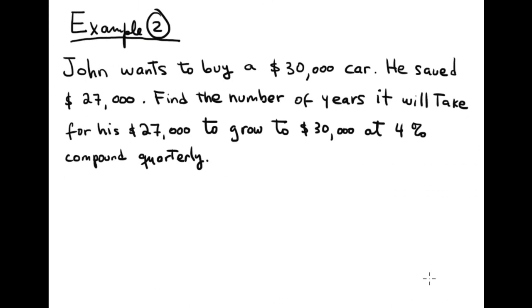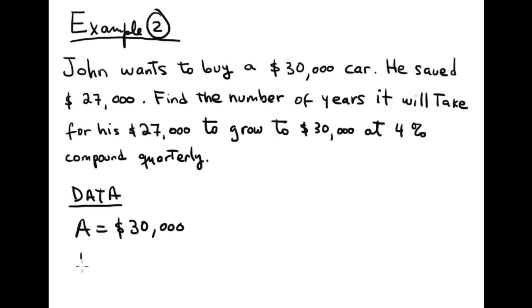Okay, now example 2. John wants to buy a 30,000 car. He has 27,000. Find the number of years it will take for his 27,000 to grow to 30,000 at 4% compounded quarterly. Okay, in this case the information that we have is future value. The future value is the price of the car that we need.